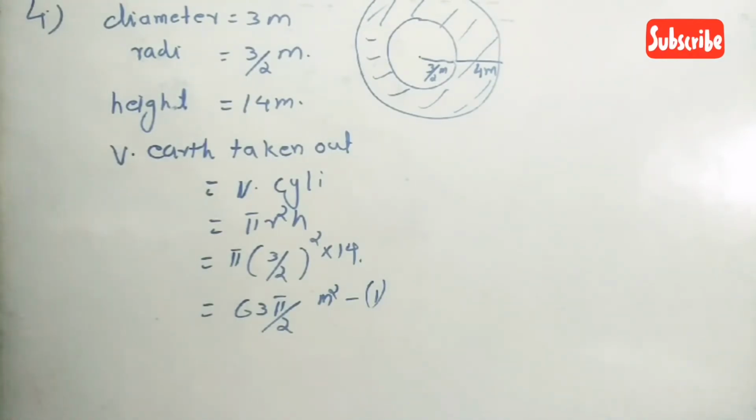Volume of the biggest cylinder minus the volume of the smallest cylinder. For the smallest cylinder, we don't want to consider the full well.